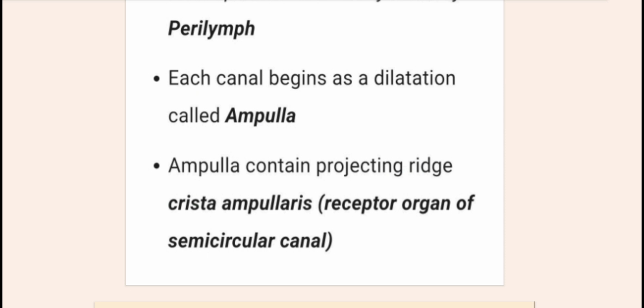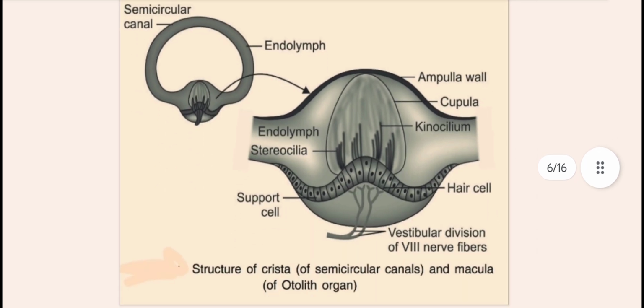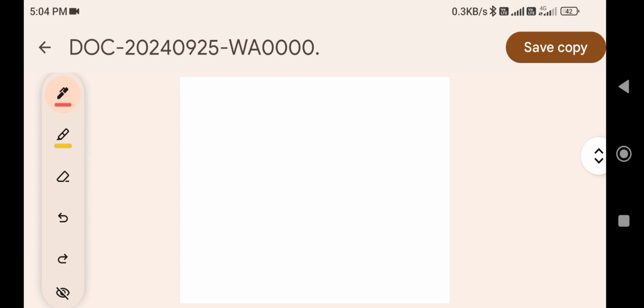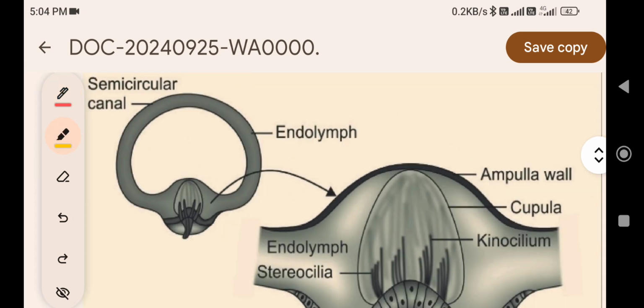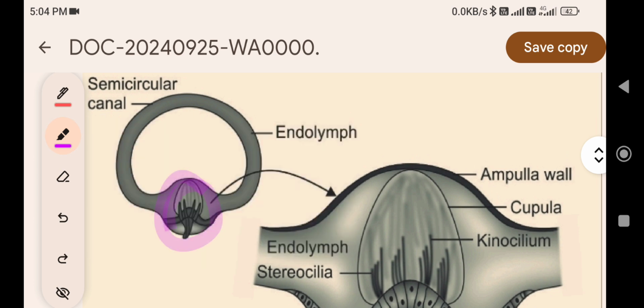Let me show the diagram of what I explained recently. Okay, see here. See, this is the dilatation seen at the beginning of the semicircular canal, that is your ampulla.